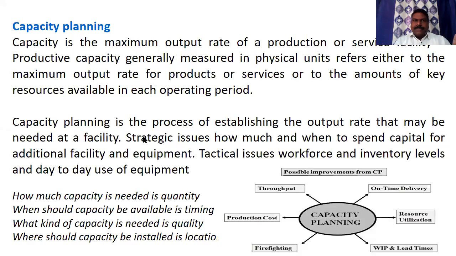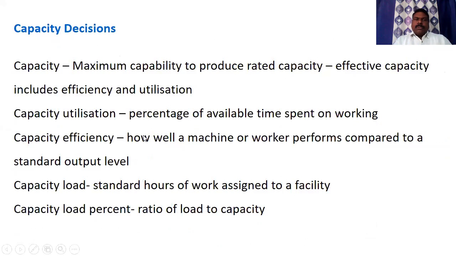So that is capacity planning and answering the questions. In both the tactical and strategic levels, we are going to take decisions. Coming to capacity decisions, what type of decisions are we going to take? Capacity is the maximum capability to produce, the rated capacity.